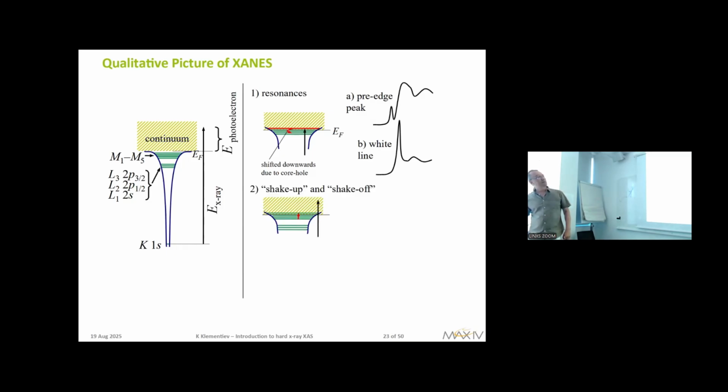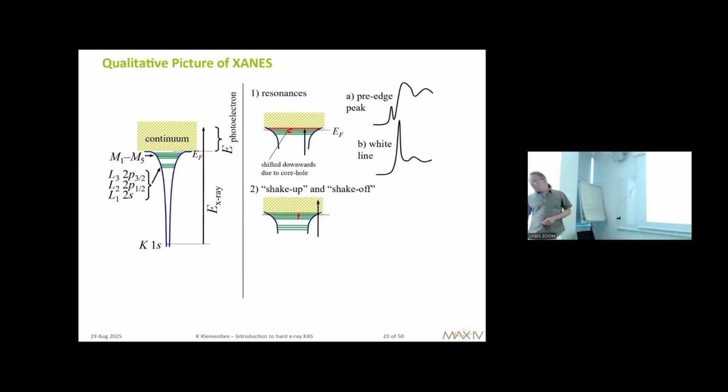Also, most typically people define the absorption edge as the maximum of the first derivative. But this is not the case. Actually the Fermi level is somewhere on the right, because these free states are shifted down in energy by the presence of the core hole.